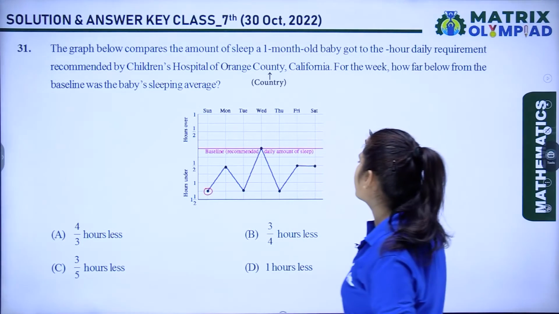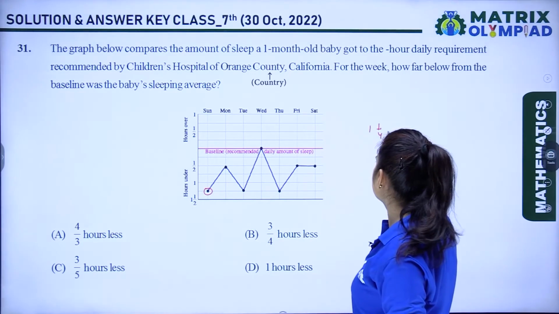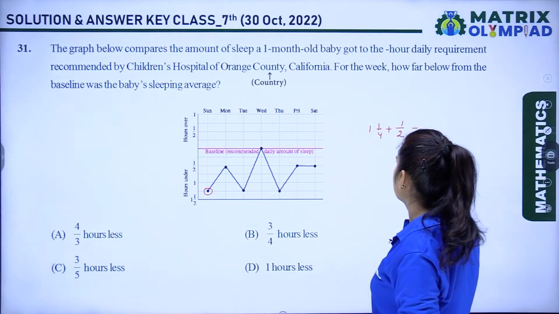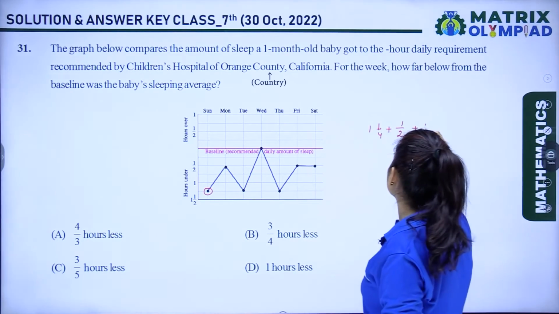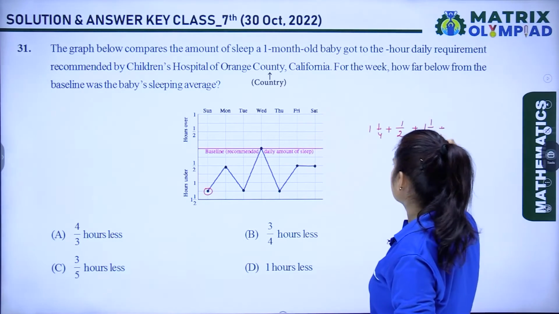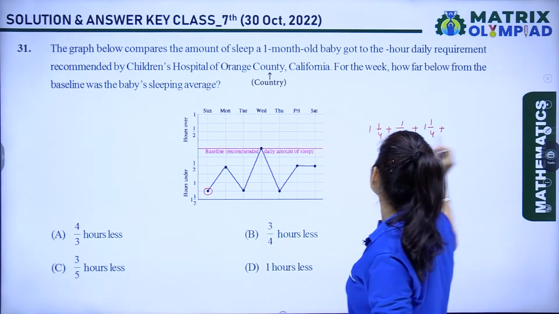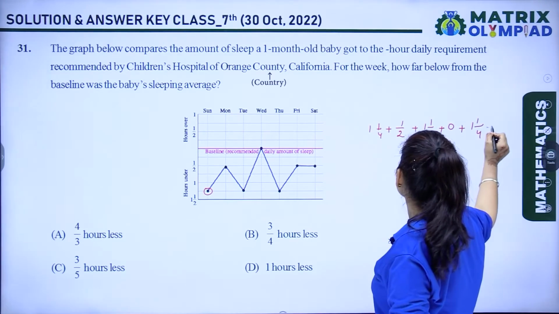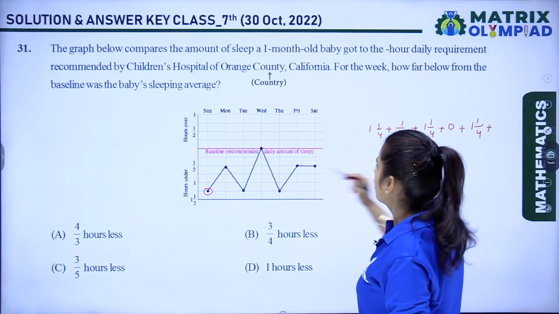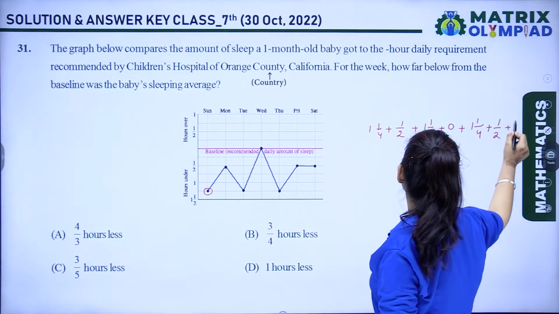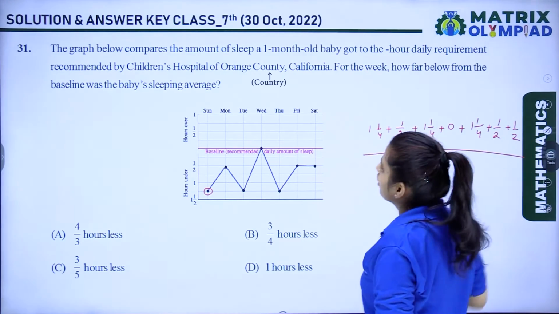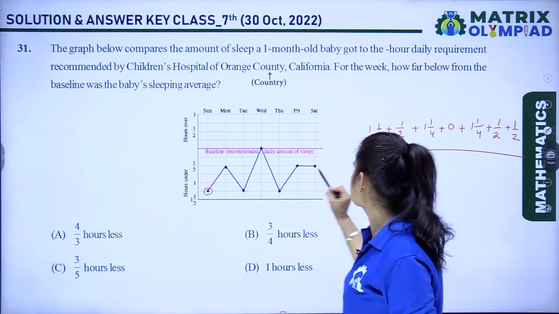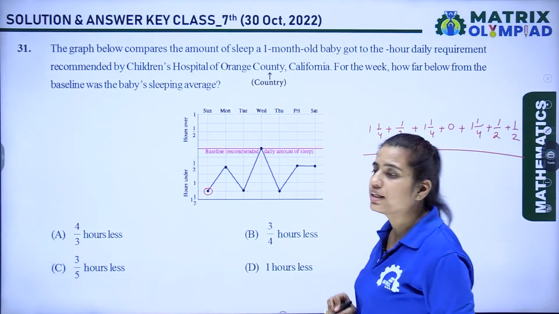Here, this point is 1 by 4, plus this point is representing 1 by 2, plus again 1 by 4, addition. This is the baseline, it means 0 plus 1 by 4 plus 1 by 2 plus 1 by 2, upon how many dots are there? 1, 2, 3, 4, 5, 6, 7. The total number of observations is 7.